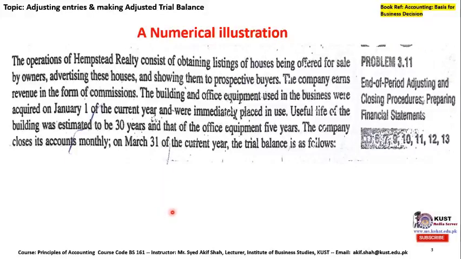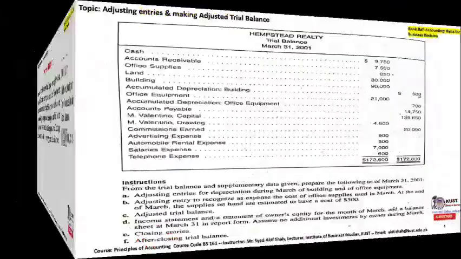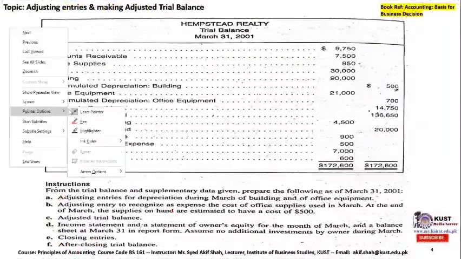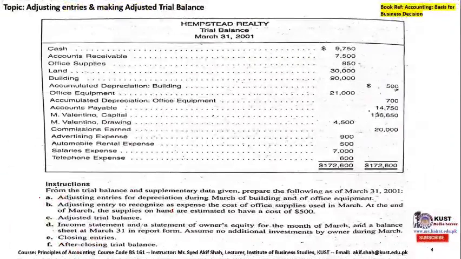In this illustration, we have already done our adjusting entries for, let me select the pen, adjusting entries for our building for the month of March. We have adjusted the relevant entries for depreciation as well as for the office equipment.